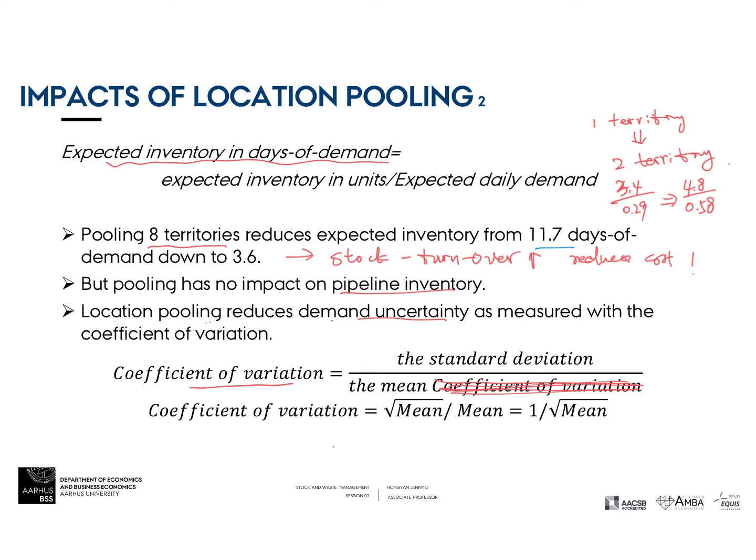And then the coefficient of variation for the Poisson distribution will be 1 over the square root of the mean. Now you can see if you merge more territories, then the mean will increase. Of course, the COV will decrease.